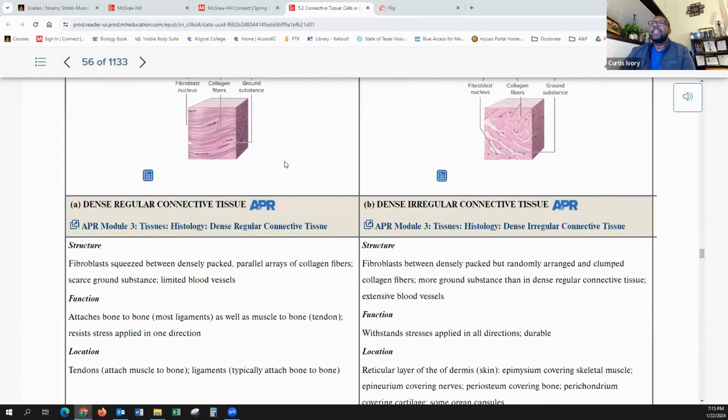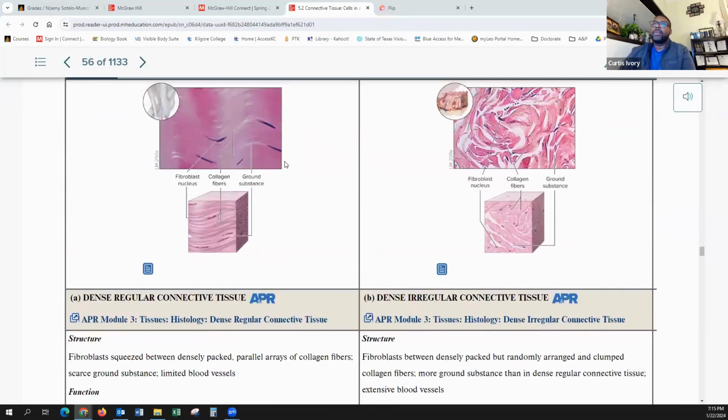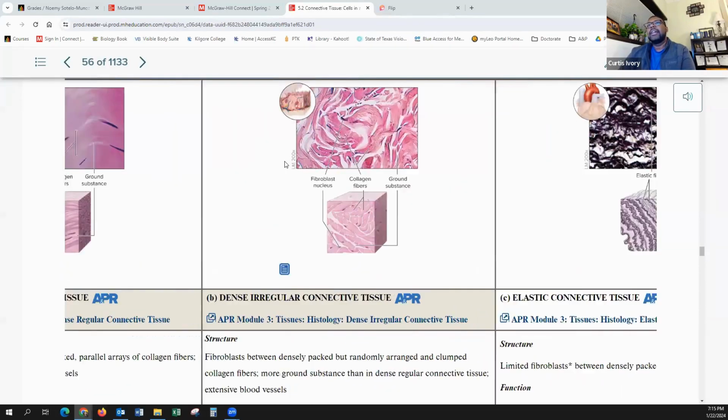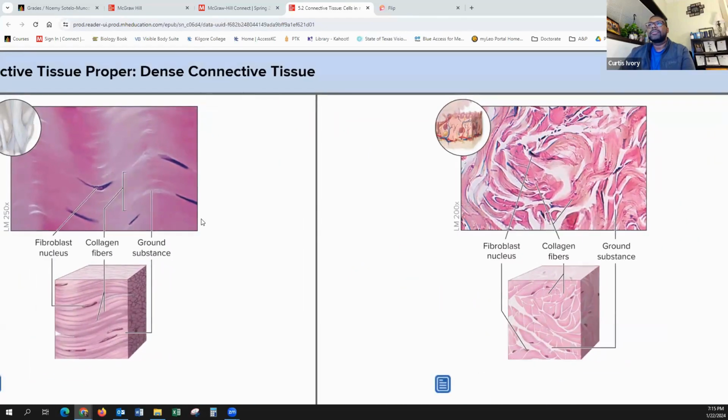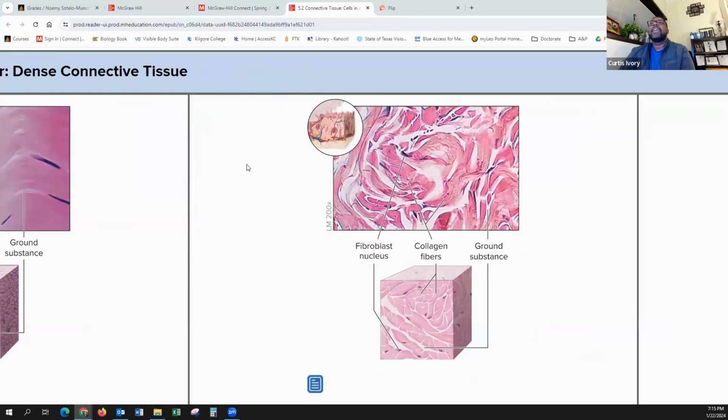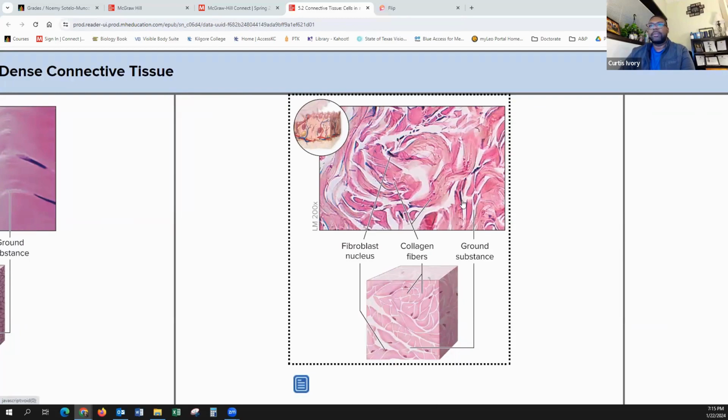So if you have dense regular, you have dense irregular. If you look at and compare the two, dense regular makes a real nice smooth pattern. Irregular is all over the place.